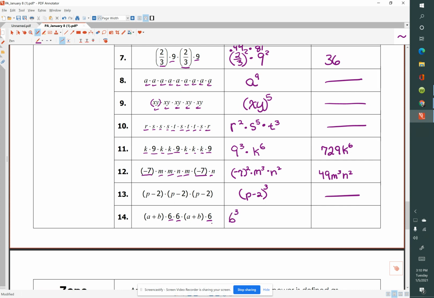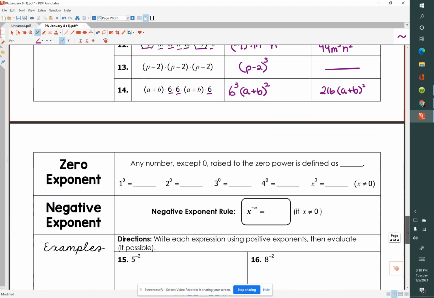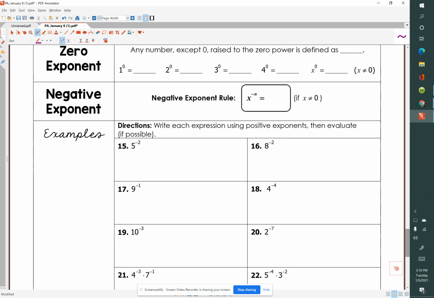It's not addition, so it's an exponent. 6 to the 3rd times a plus b, but it's repeated, so it's raised to the 2nd power. Well, 6 to the 3rd is 6 times 6 times 6, which is 216, and then we just rewrite the a plus b to the 2nd power. So let's move on to the next page.